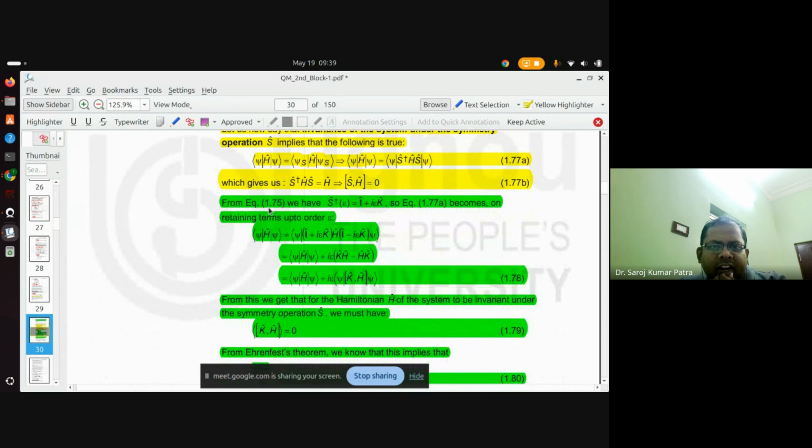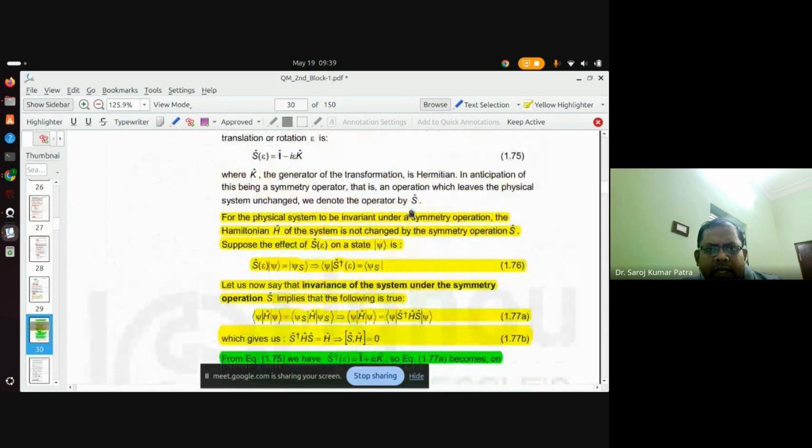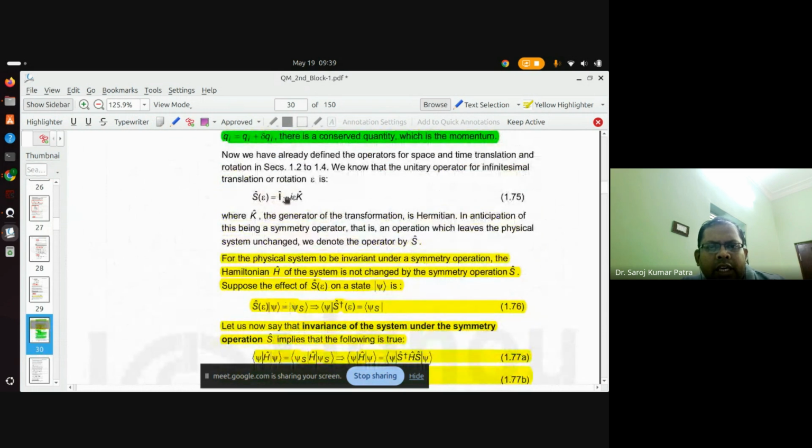Now, let us try to evaluate. The operator S, we said, should be of the form I minus i epsilon K cap, where K cap is nothing but the generator of the symmetry operation. So S is the operator and K cap is the generator of this, whether it is translation, rotation or time translation.